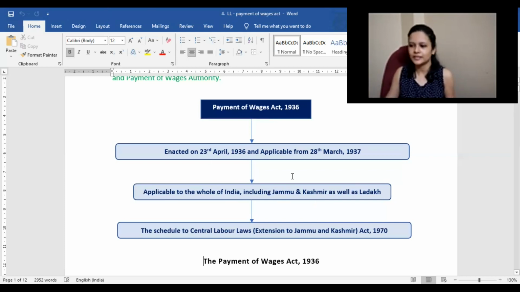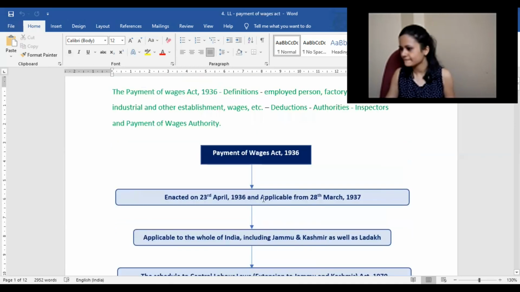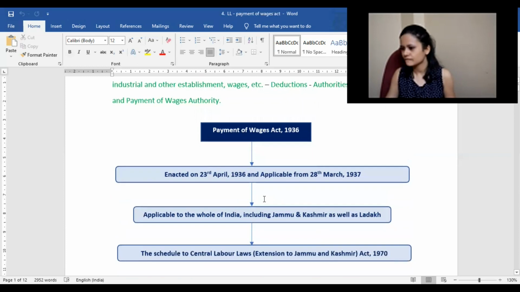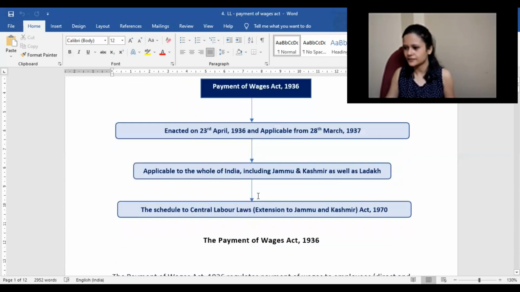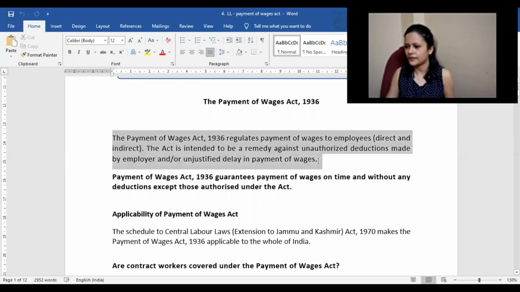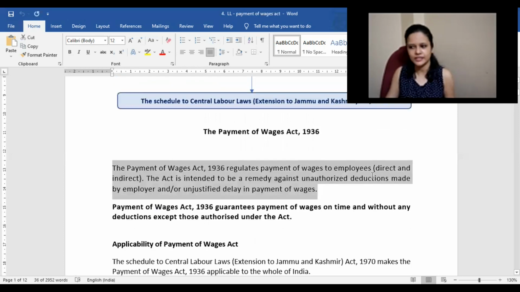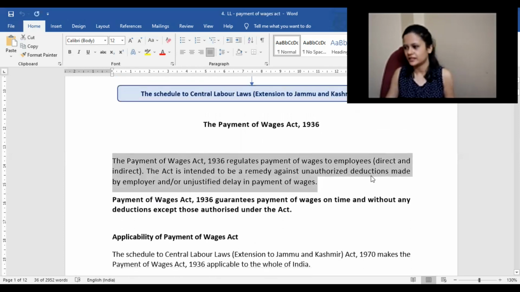Is the Industrial Disputes Act also applicable to Jammu and Kashmir? Yes, industrial disputes also. That is why we don't find these legislations in that 2018 Act, because in 1970 itself these were made applicable.